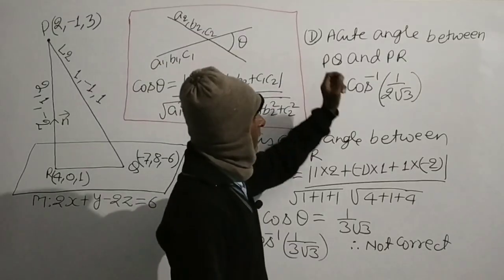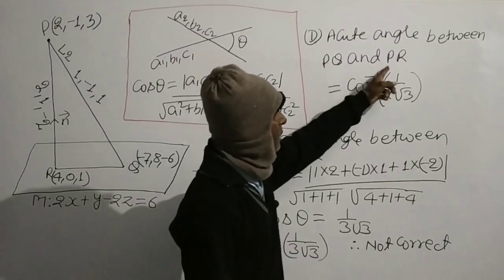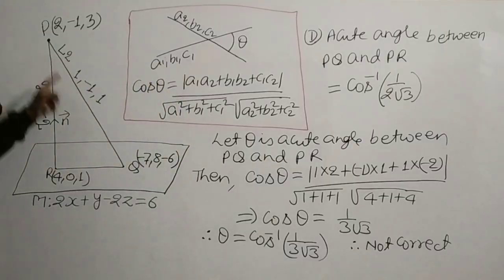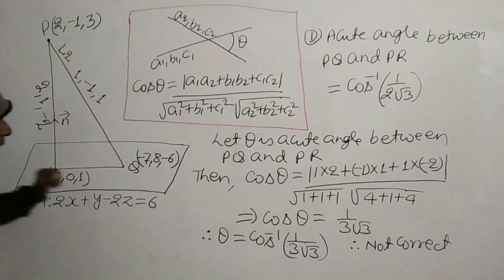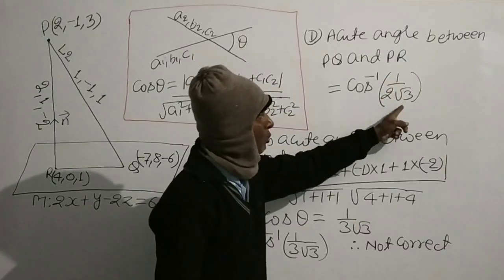In option D, it is said that acute angle between PQ and PR is equal to cos inverse 1/2 root 3.